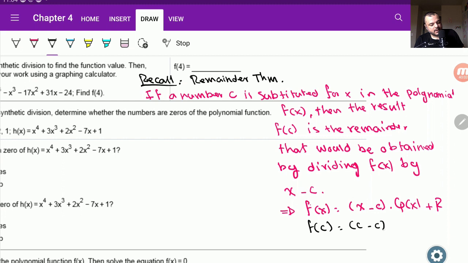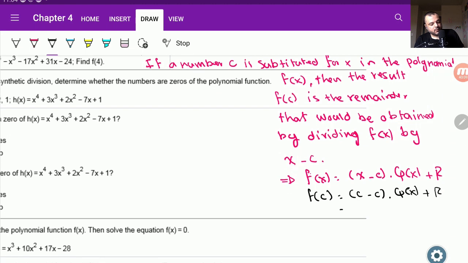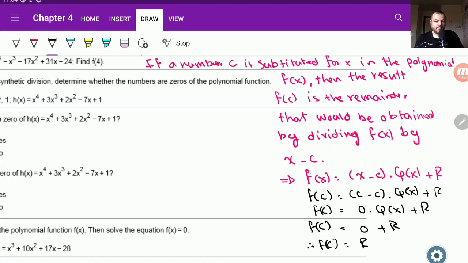C minus C times Q of x plus R. So f of C is equal to C minus C, which is 0, times the Q of x plus R. 0 times the Q of x is 0, plus R. So what is f of C? F of C is nothing but the remainder.